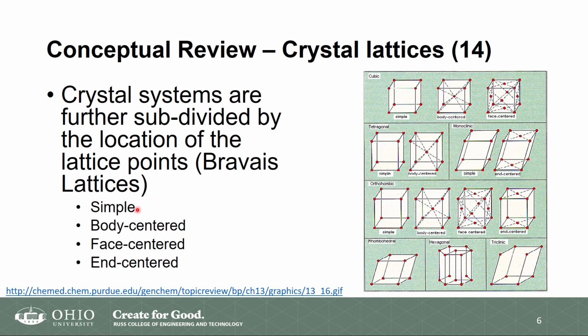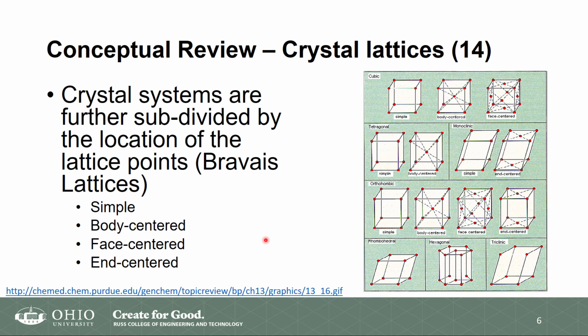We have a simple or primitive, where you have your lattice points at the corners of each of your unit cells. Or then you have a body-centered, where you have the lattice points at the corners, but also within the body of the unit cell. And then you have a face-centered, where you have them in each face, and then you have an end-centered, where you have them basically on either end of your crystal structure.